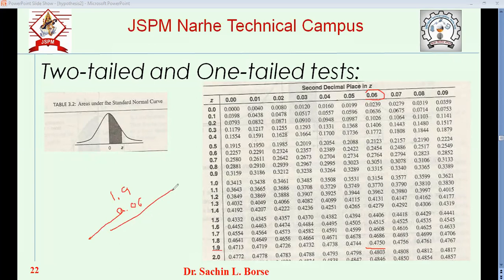This will come to be 1.96. So that's why we have written in the curve plus 1.96 Z and minus 1.96 Z. So this value of Z is needed for calculation purposes. So we are talking in terms of what now? Probability.